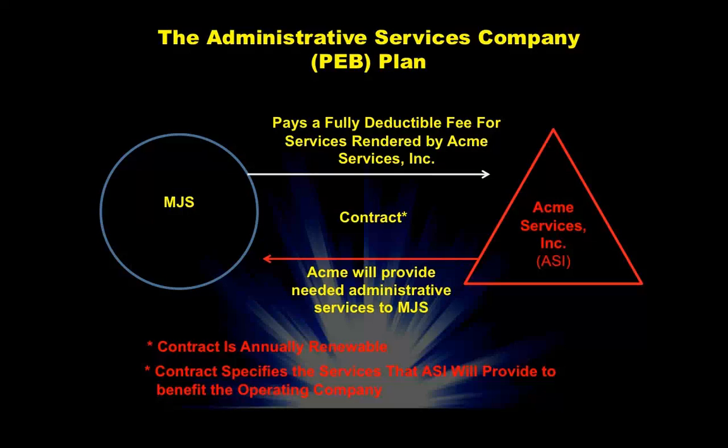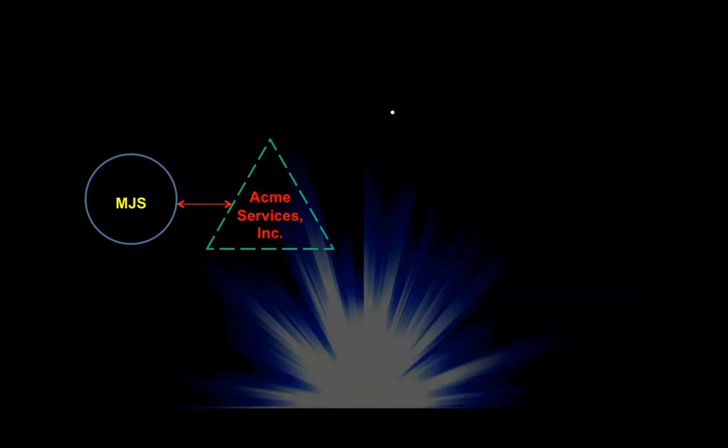So the contract is kind of pivotal to the structure. So what we're able to do at this point is shift money from MJS over to Acme Services. And what we're doing here is we're identifying services that are, again, real, tangible, and provide an economic benefit back to the practice. Next step is when we put it together, and this is where it gets interesting.